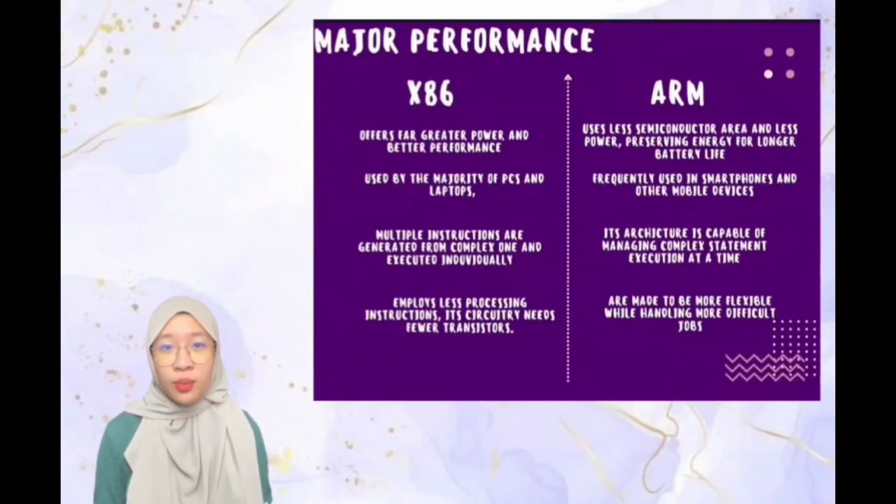I am going to explain about X86 and ARM performance. ARM is reduced instruction set computing, while X86 is complex instruction set computing. The major performance of X86 offers far greater power and better performance, and it is used by the majority of PCs and laptops. Multiple instructions are generated from a complex one and executed individually, and ARM employs less processing instruction.